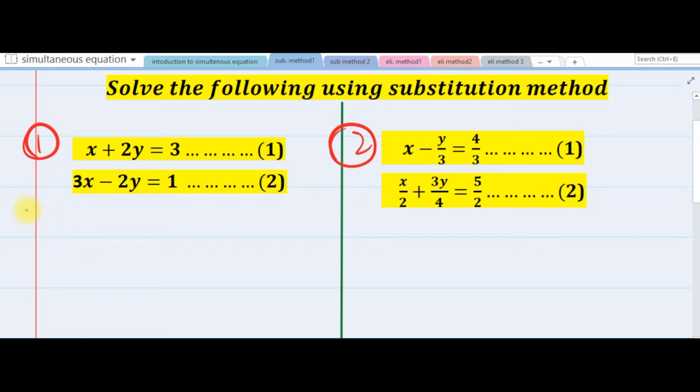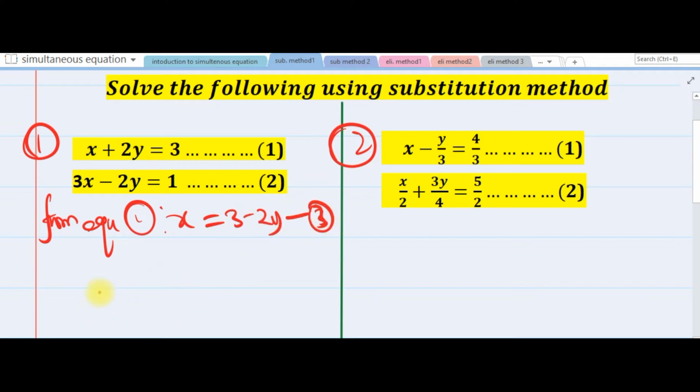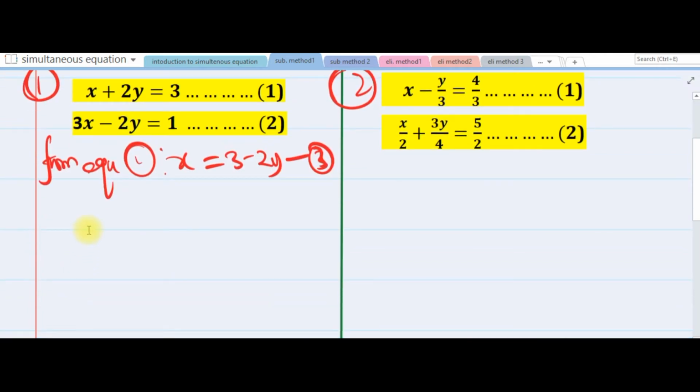So from equation 1, x equals 3 minus 2y. You call it the third equation. Whenever you make it the subject of the formula, call it the next equation, which is 3.